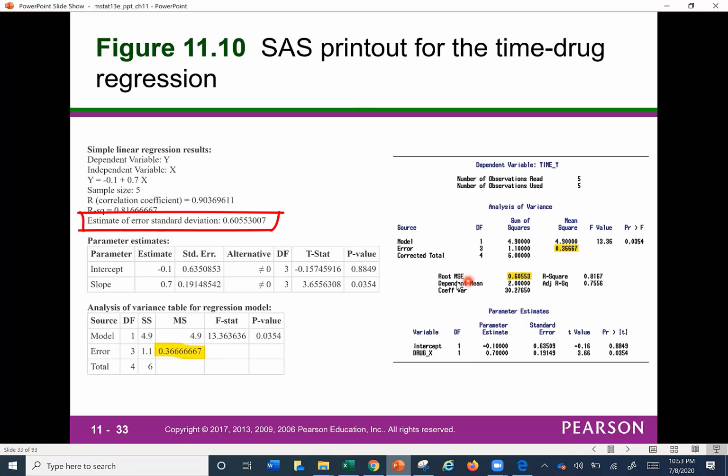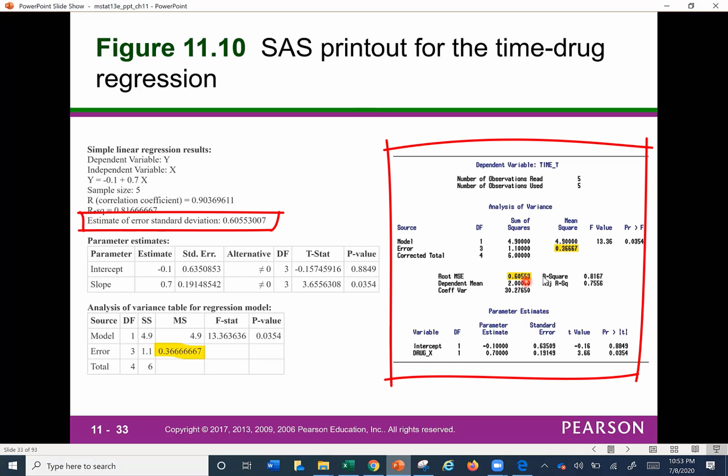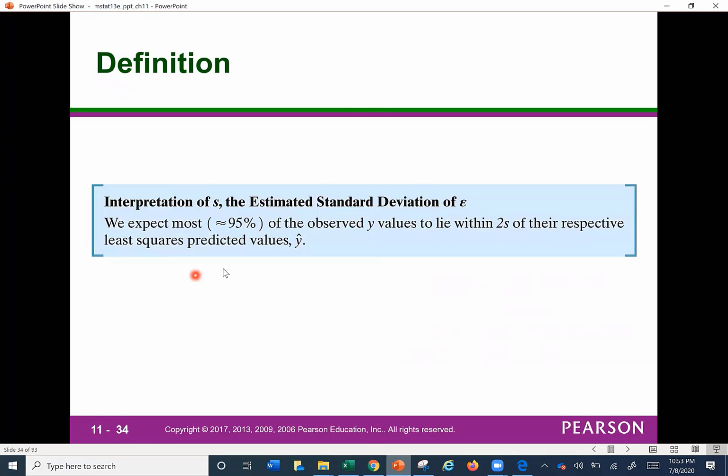And this is a printout of another software, SAS. We can interpret the standard deviation of my model as the standard deviation of the error of my model. Remember, my model predicts the value of y given x. If we plot the entire population in this graph, we are going to observe a cloud of points around my mathematical model.